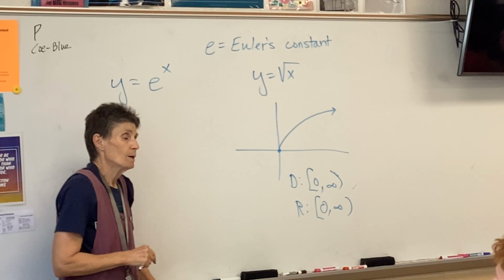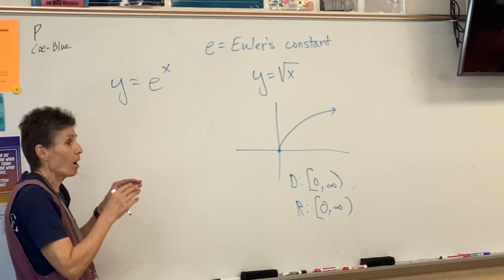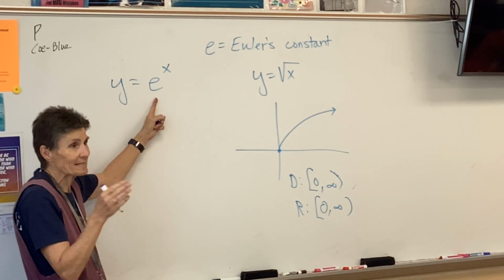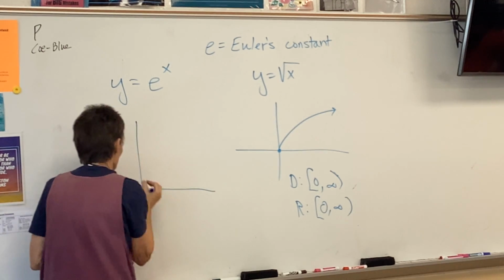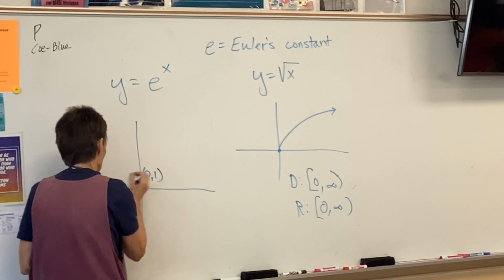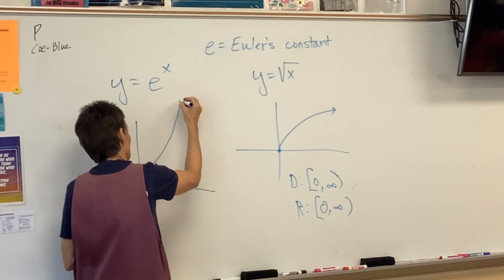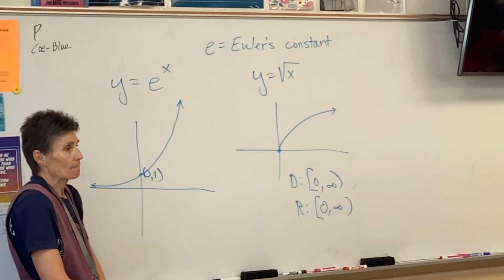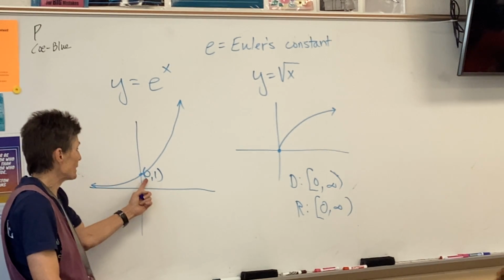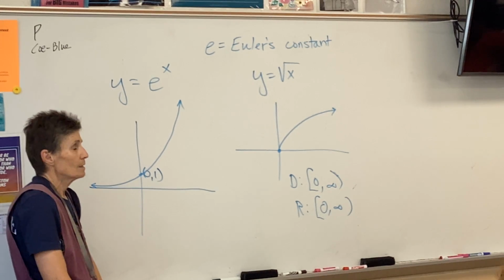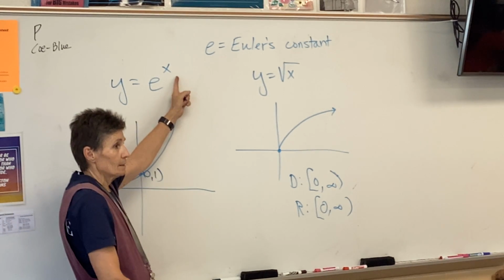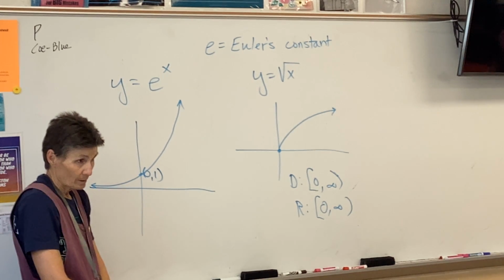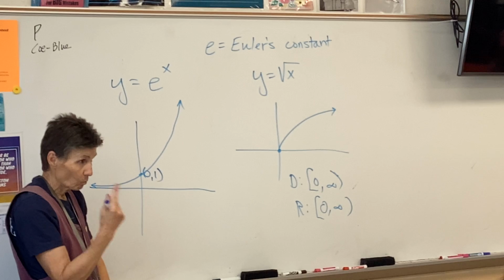Okay? So what I'm going to draw is an exponential function. They use base E, you could use base anything, and your picture would look like this. That is an exponential function. It goes through point 0, 1, because you know if your exponent is 0, your answer is 1.